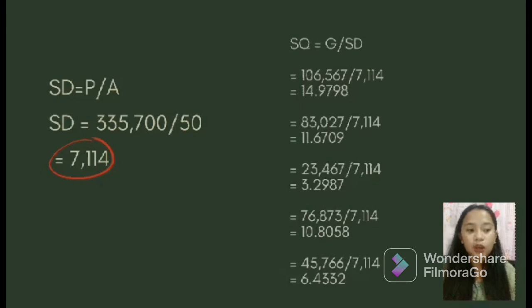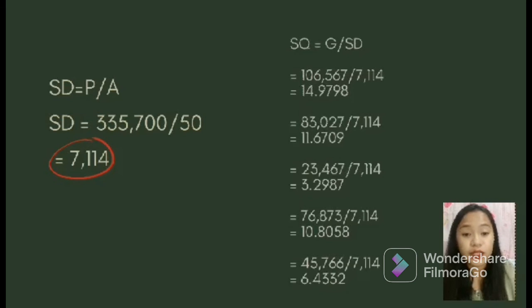Now find the quota. To find the quota, we will take each population and divide it by 7,114. For State 1, 106,567 divided by 7,114 is equal to 14.9798. State 2 is 83,027 divided by 7,114, equal to 11.6709.